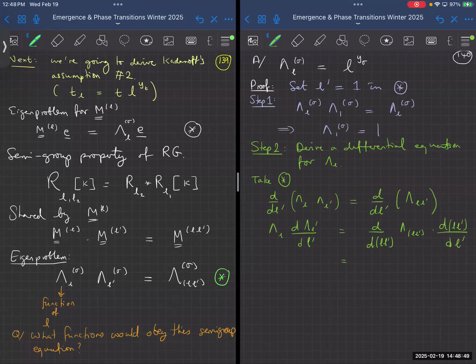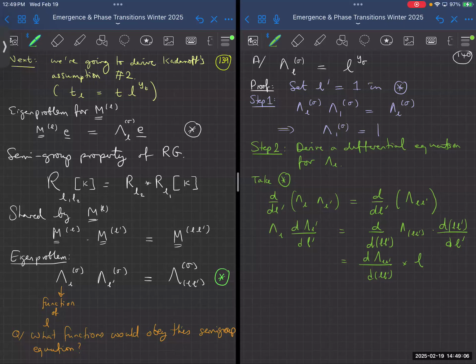And then that is just equal to d lambda of L prime by d L prime times the factor L that I get from the chain rule.